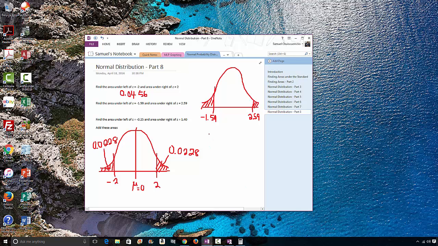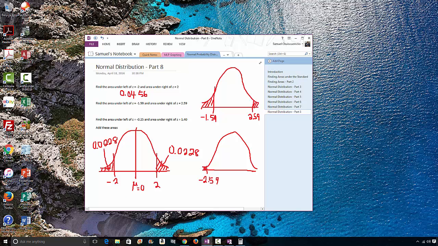Now, we can easily find this area. That's not a problem. To make it easier for us, we could find this area right here as negative 2.59, because this area is going to be this area here.